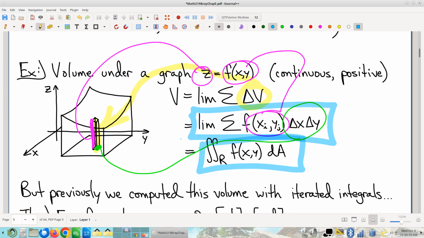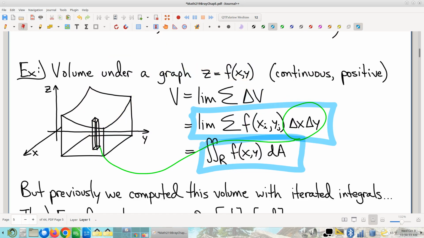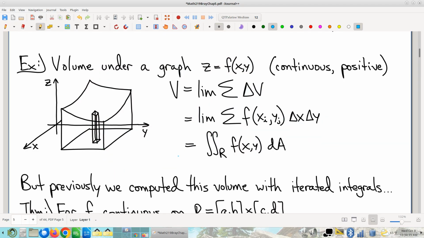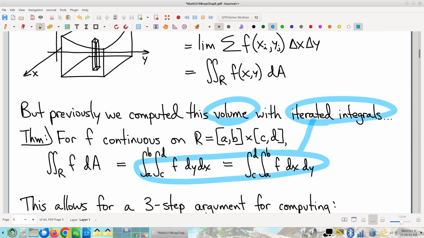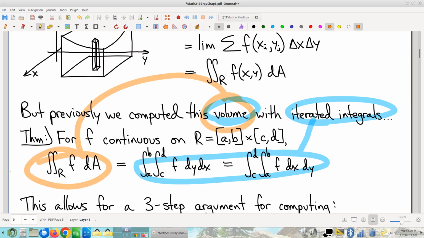Okay, so here's my secret motivation. And this is hard to see coming. Again, we had previously computed volume with iterated integrals, namely like that. We just now computed volume with a double integral.